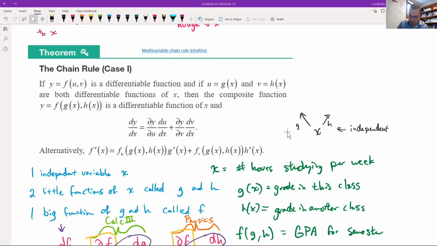But those correspond to some intermediate variables U and V. And then U and V both go into a multivariable function called F. And I guess because we're giving everything two names here, that dependent variable is called Y. I would call these ones intermediate.